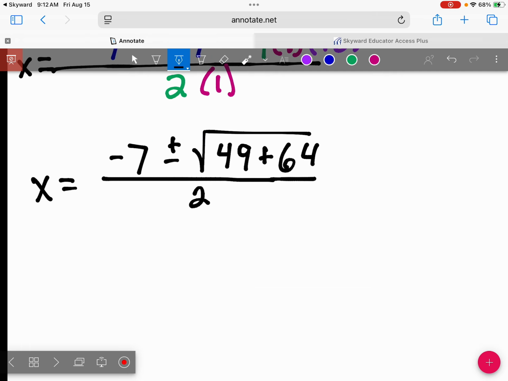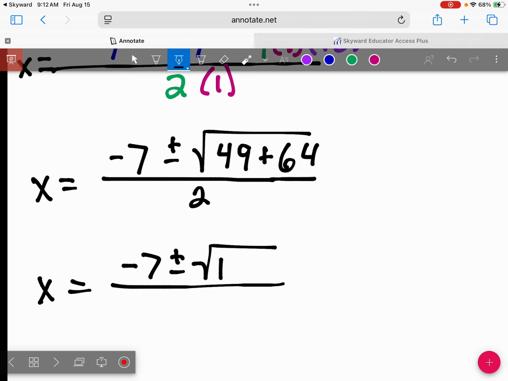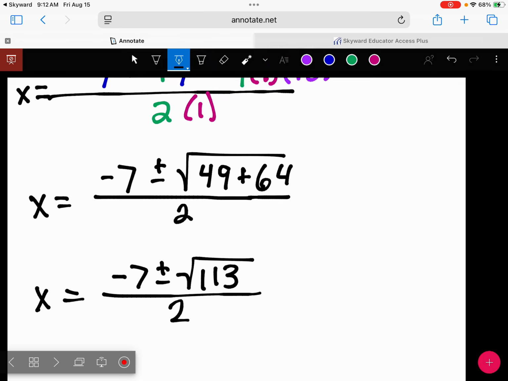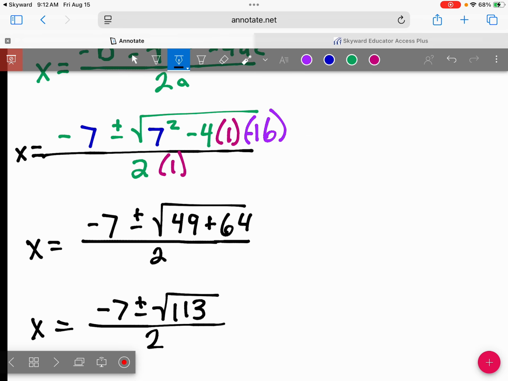What is 49 plus 64? 113. Could you slow down? Oh, yep, sorry. I get excited. We're just multiplying these together. Our 7 squared gave us 49. Negative 4 times 1 times negative 16 gives us 64. And then we combine those together.